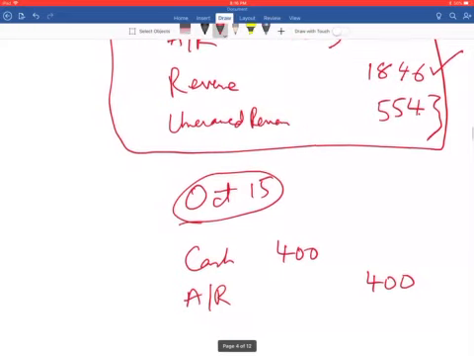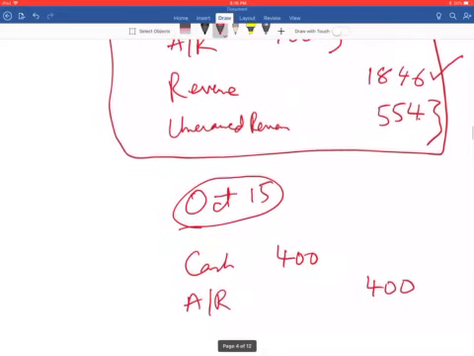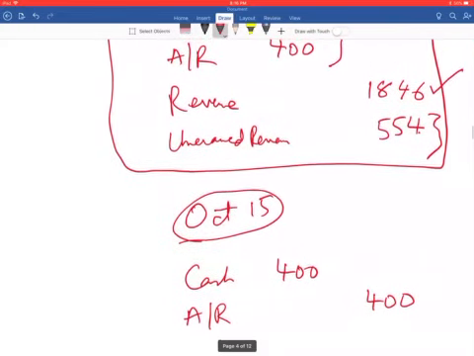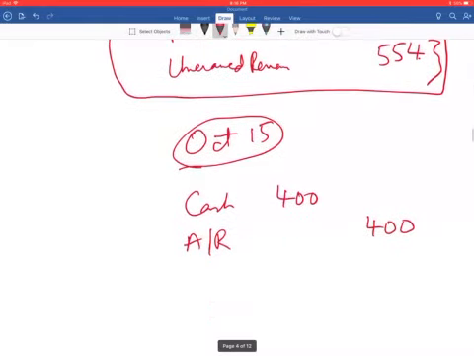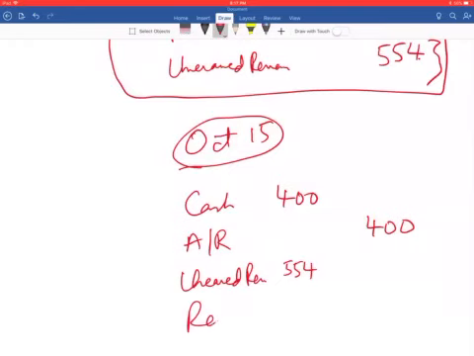So we're just exchanging those two assets. Then the obligation is satisfied. So unearned revenue is debited $554, and revenue is credited $554.